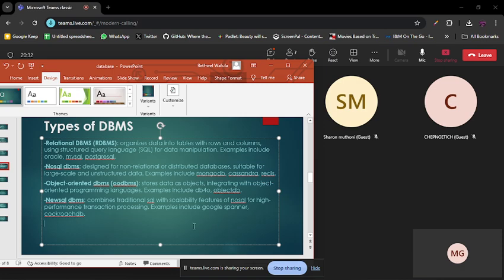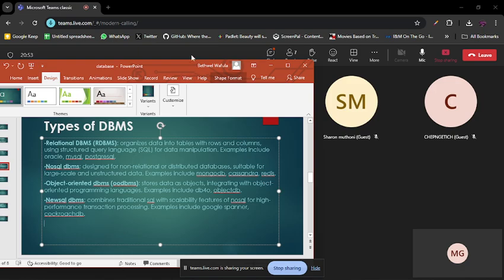We have a relational database or relational DBMS. This is a database organized in columns and rows. Good, that's a very good suggestion. A relational database organizes tables into rows and columns.